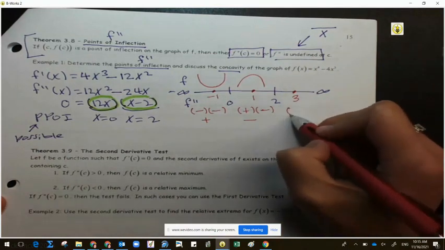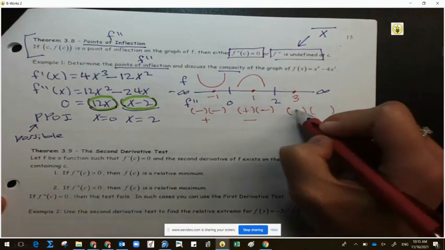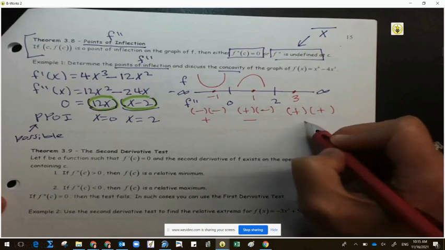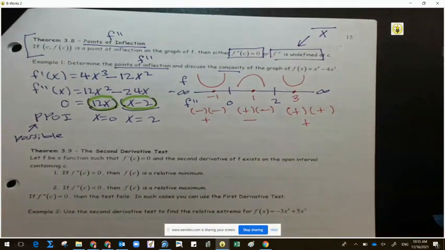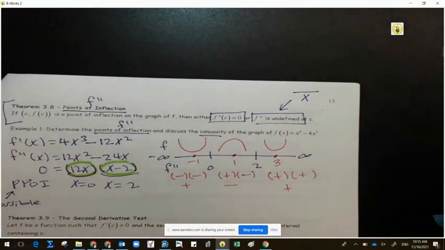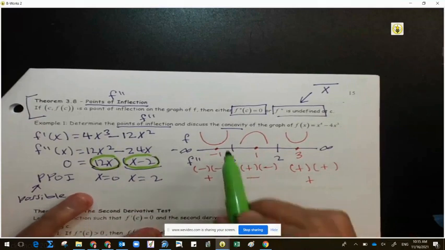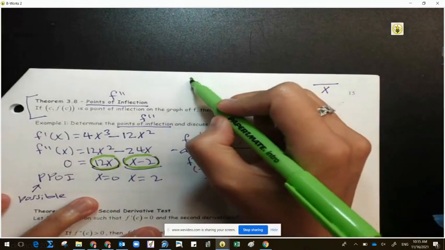And then let's plug in the 3. They're both going to give me what? Positive. So a point of inflection happens where the concavity changes. Let's actually graph this. I don't want to graph it in here, I'm going to do it up here.